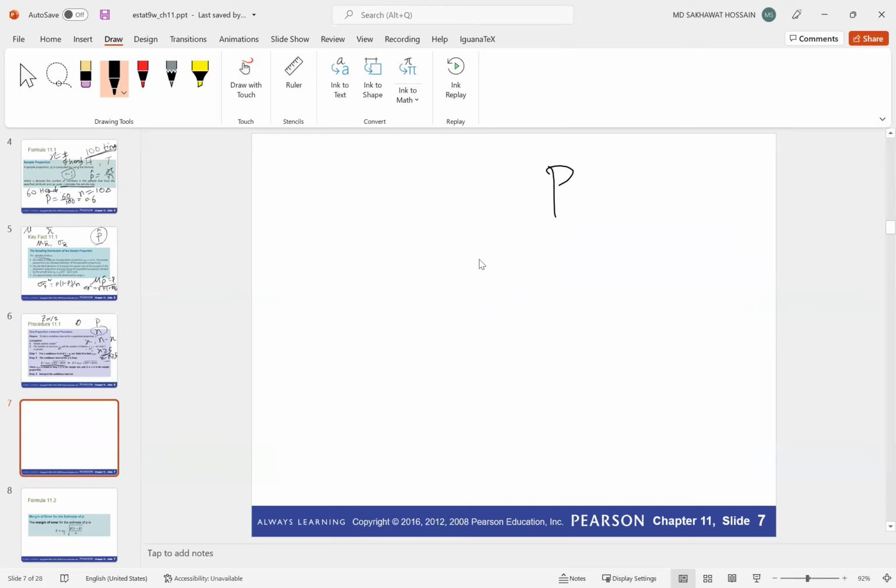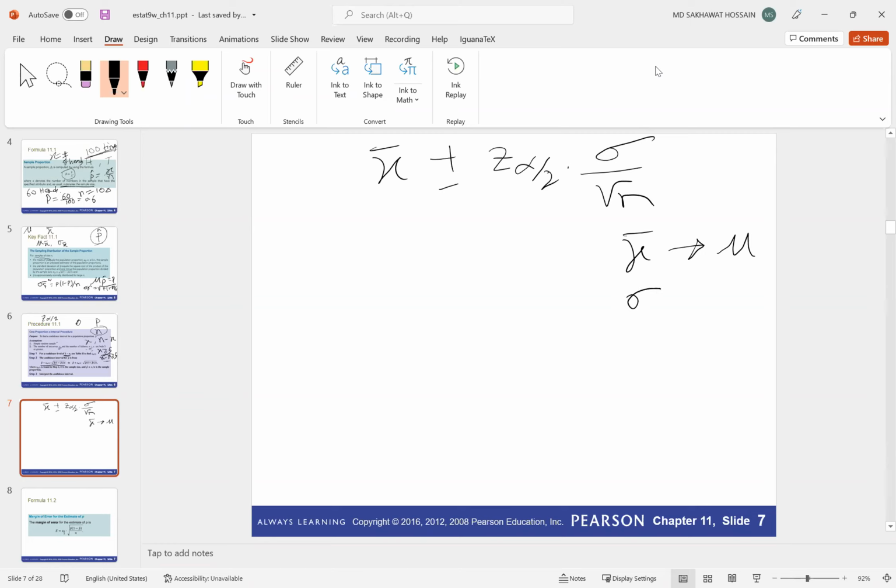If you remember, the formula for the confidence interval for one population mean was x bar plus or minus Z alpha over 2 times sigma over the square root of n, where x bar is the estimate of mu, and sigma over the square root of n is the standard deviation of x bar.